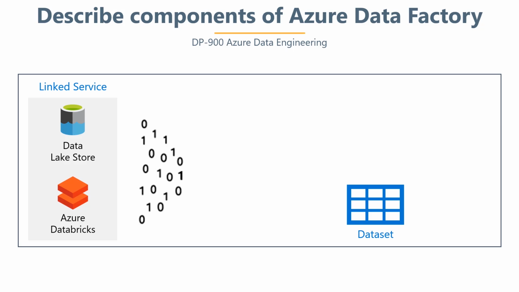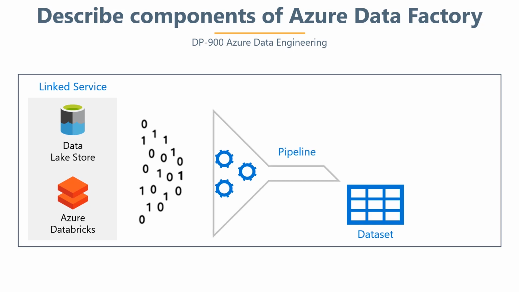The data which is coming from these linked services will be ingested into the pipeline of your Azure Data Factory. And inside the pipeline, you are going to have activities which will get executed and then process the data. Maybe there are multiple activities required in this process, and that's the reason a set of multiple activities like this is surrounded by one thing called a pipeline.